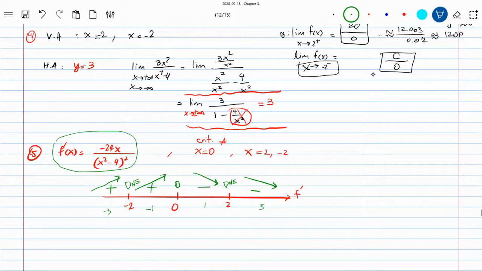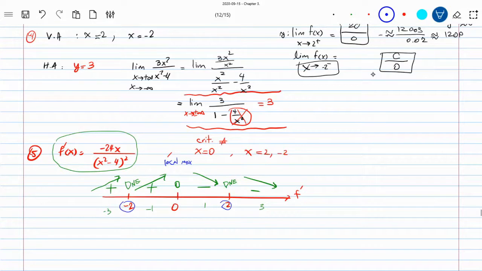What can we say about local maximum and minimum? These 2 points, again, are not local max and min. There do not exist points, these 2 and negative 2. They do not belong to the domain, so you cannot discuss the local maximum and minimum at those points at all. But here at 0, if you look at 0, you have an increasing, then turns into a decreasing. So it means this is a local maximum point.